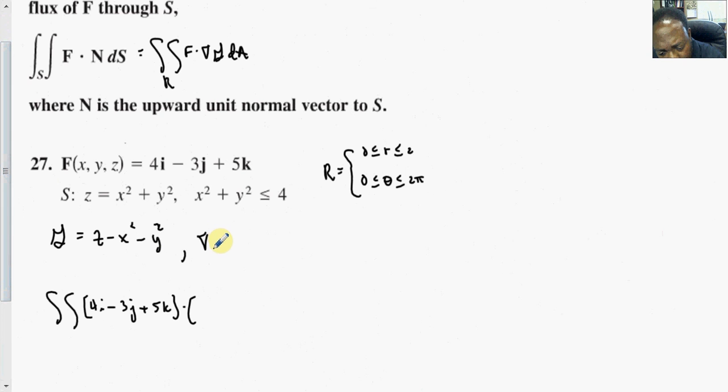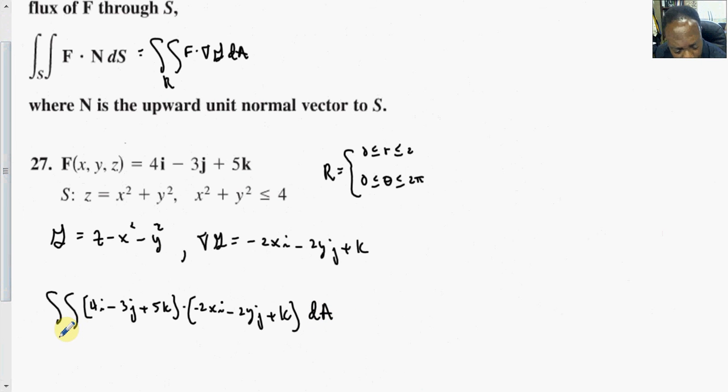And so the gradient of g is negative 2x i minus 2y j plus k. Be safe to use that. So this is negative 2x i minus 2y j plus k. This is with respect to dA, over the region.